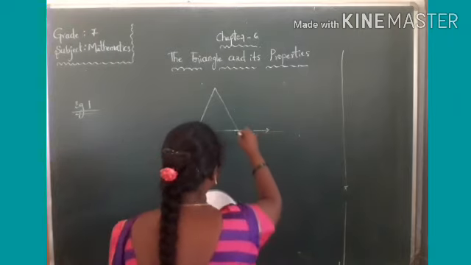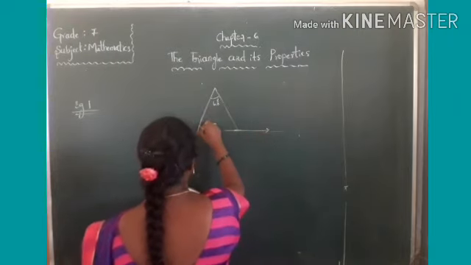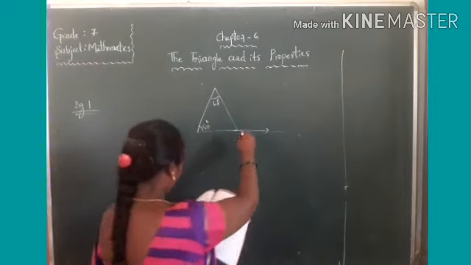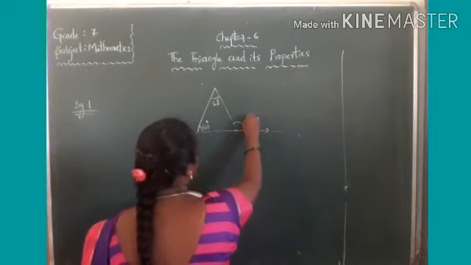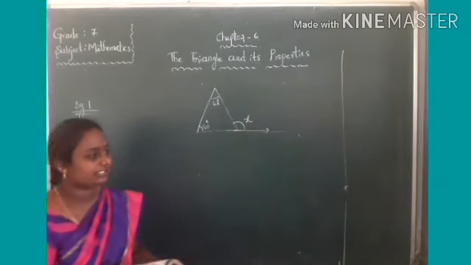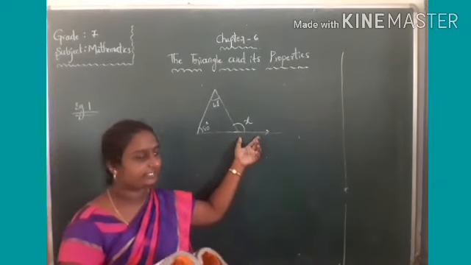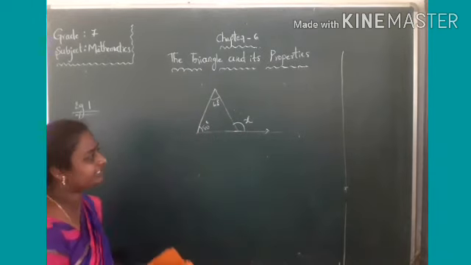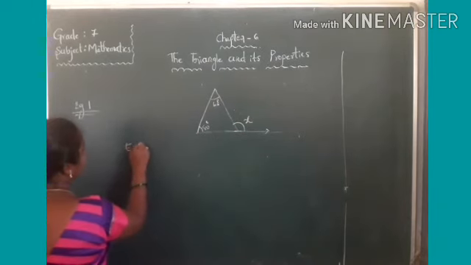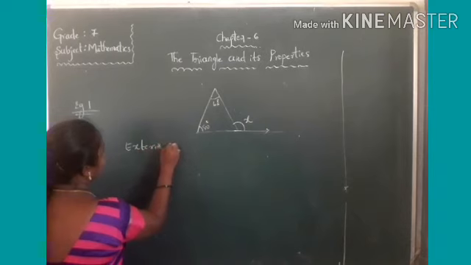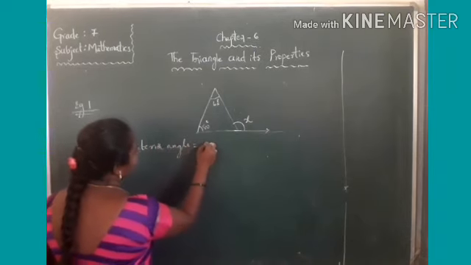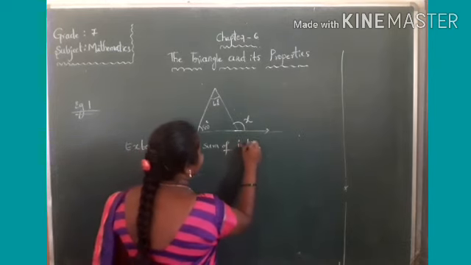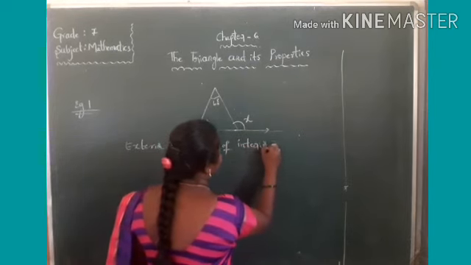Consider 60 degrees and 80 degrees as the interior opposite angles to the exterior angle. You don't know the exterior angle, so assume it is X. Now, the exterior angle is equal to the sum of two interior opposite angles.